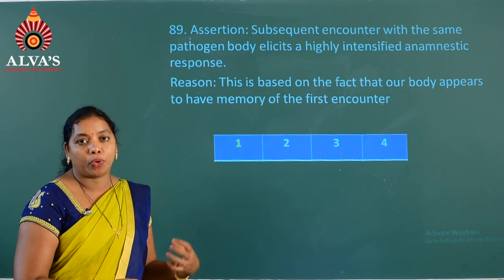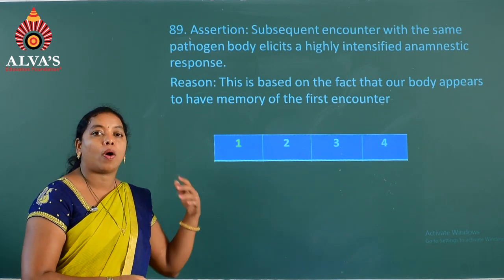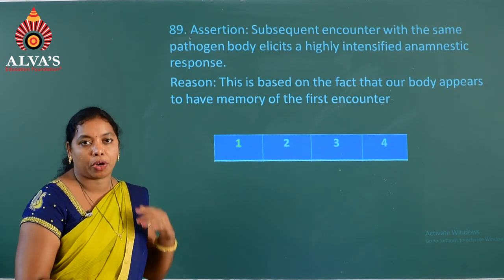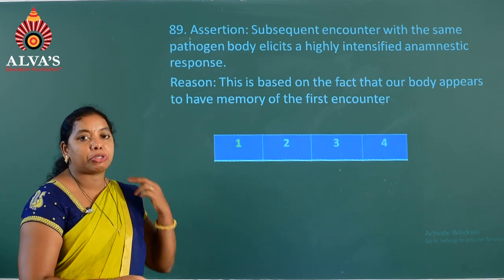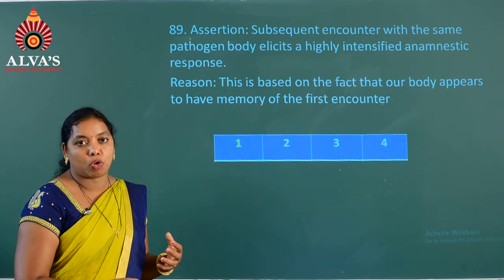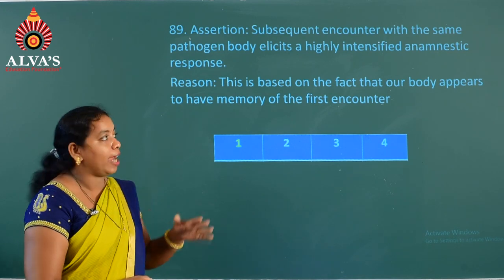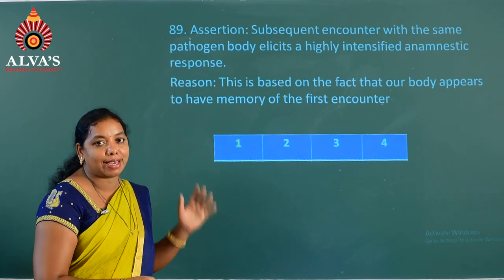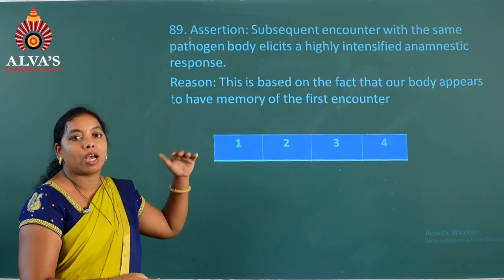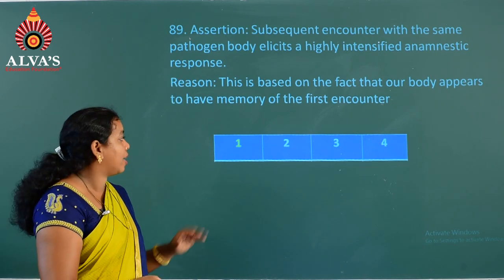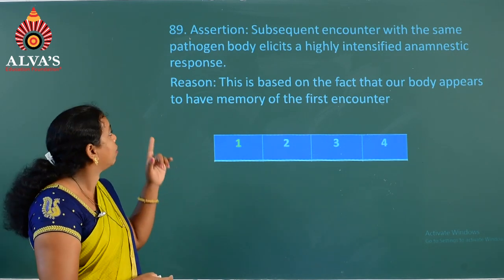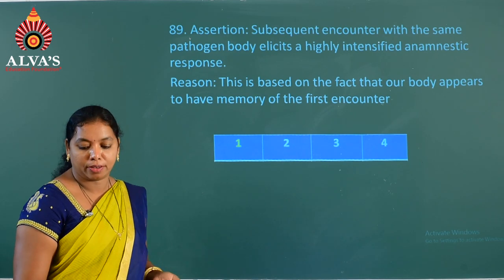Primary response is of low intensity, and the secondary or anamnestic response is of high intensity of lymphocytes or antibodies. Hence the subsequent entry of the same pathogen elicits the anamnestic response, that is, a strong immune response. Both reason and assertion are related, and this reason is the correct explanation for the assertion. Hence the answer for question number 89 is the first option.